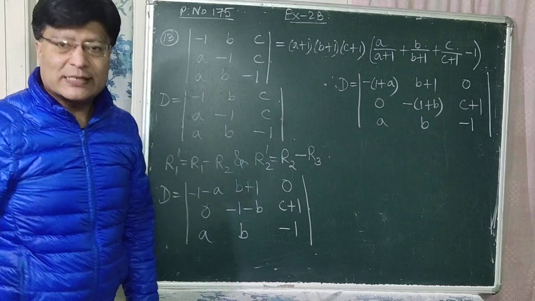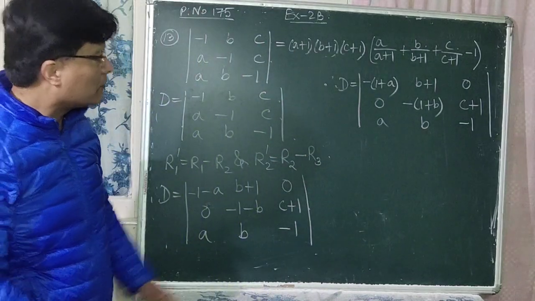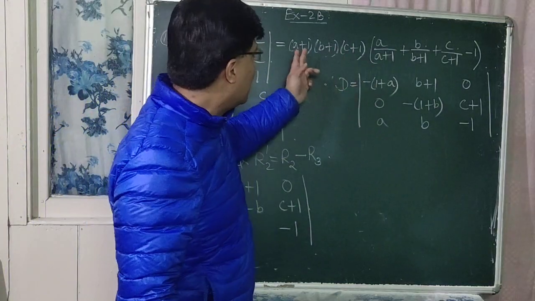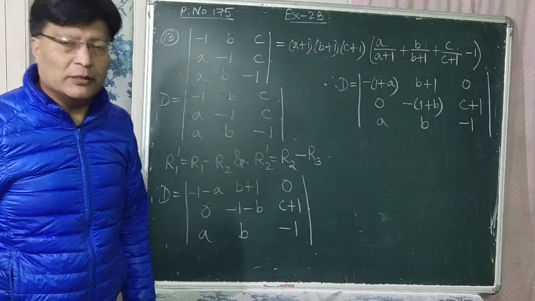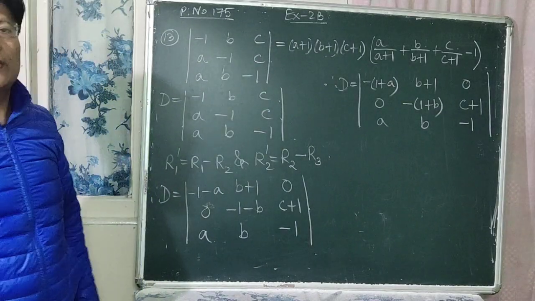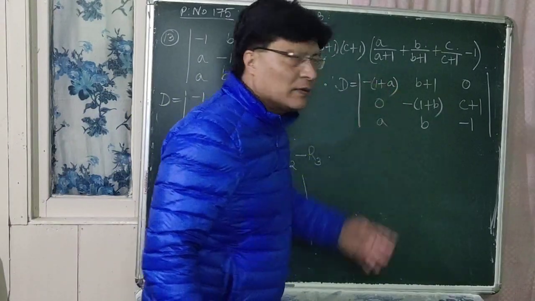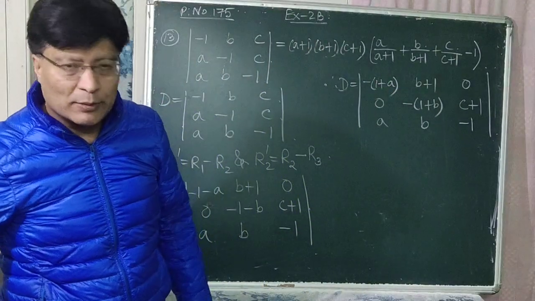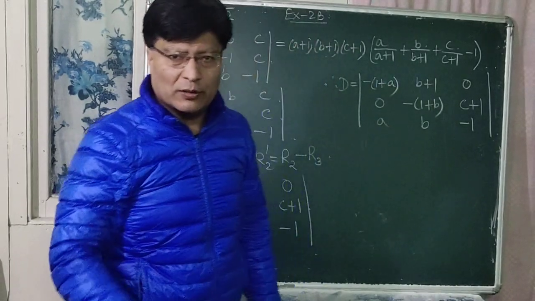Now, what will you do in the next step? We have to prove. Here the first three factors are A plus 1, B plus 1, C plus 1. Let us take common A plus 1, B plus 1 and C plus 1. From the first column, there is no A plus 1 common actually, but you can take A plus 1 as common from the first column.